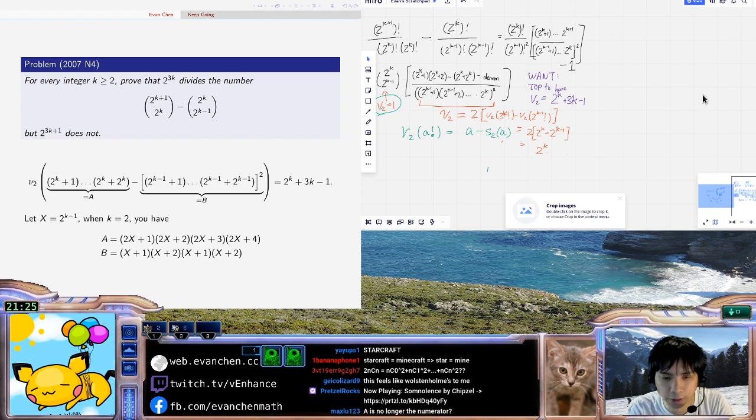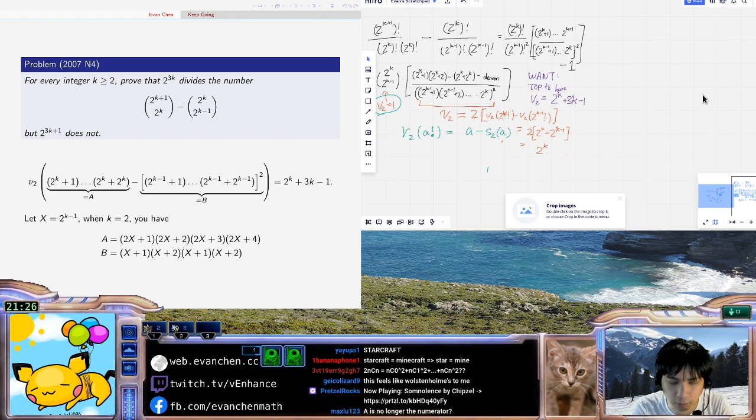So a minus b in general will be equal to, so there's a square root b, and then there's like a minus square root b, and there's like a power of 2.